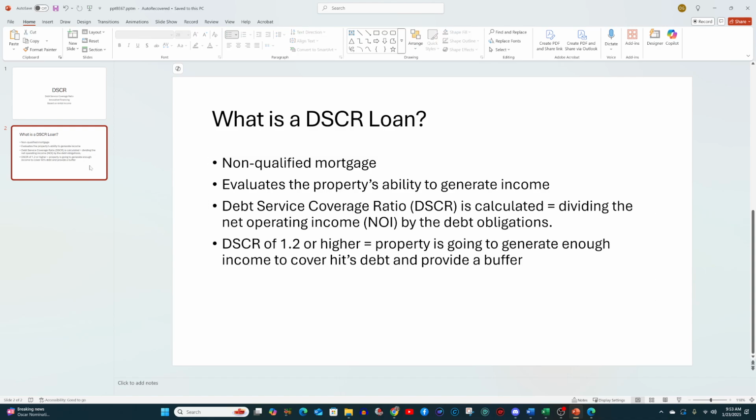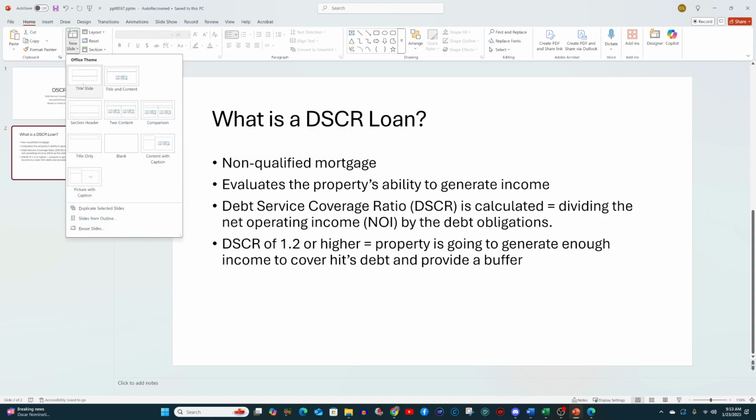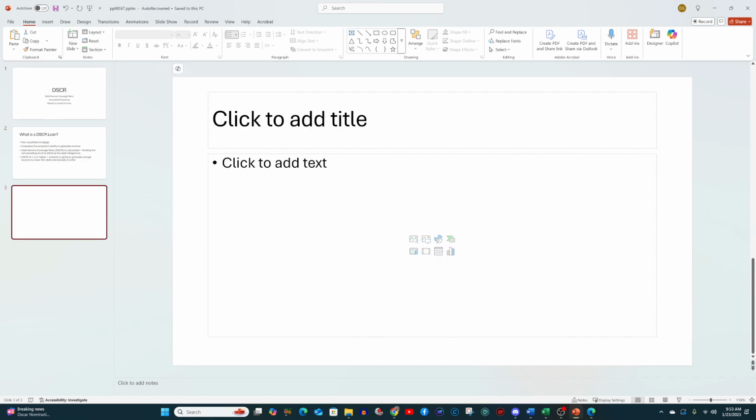So the next question is, and I'm not specifically going to get into a detailed description of how that's calculated, maybe in a future video. But this is just the basics, what a DSCR loan is, just so that it's familiar for people.